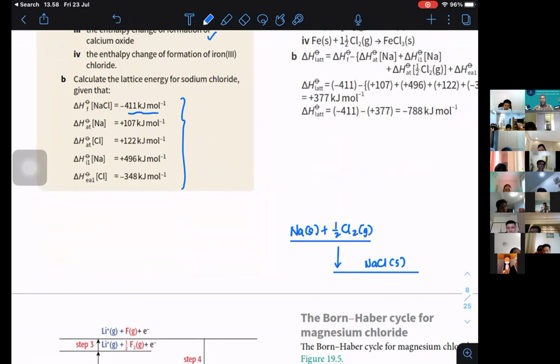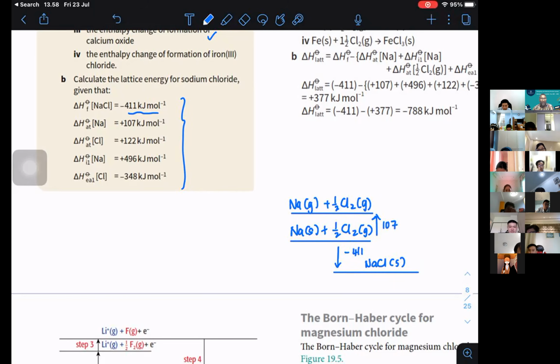That is enthalpy of formation, negative 411. Second, I have the atomization value, so I'll put the arrow over here and change sodium to become gas. This is going to be my atomization of sodium, which is 107.